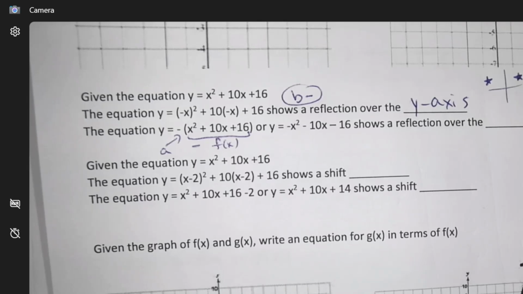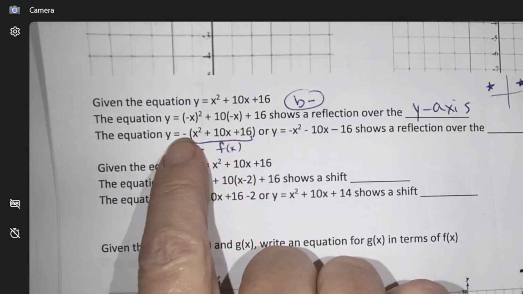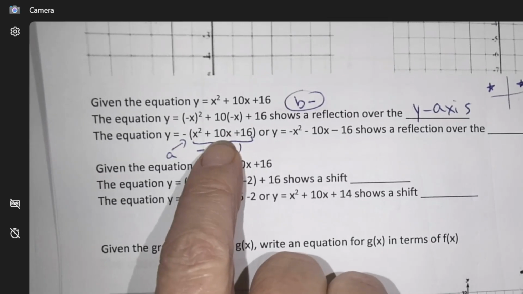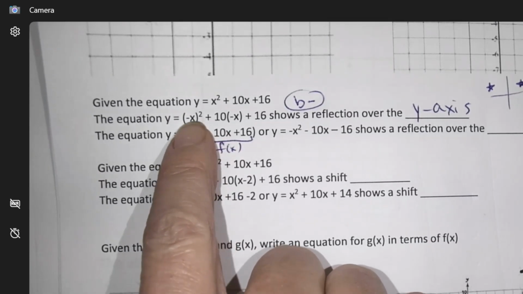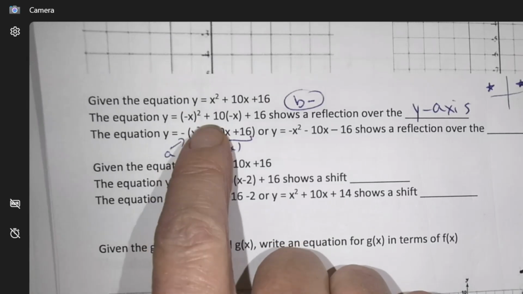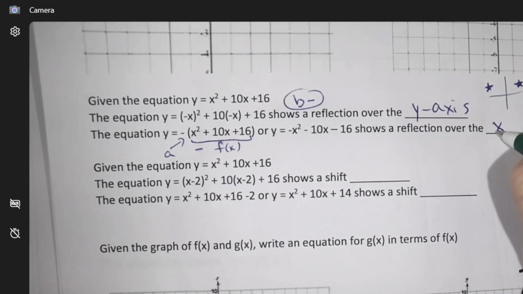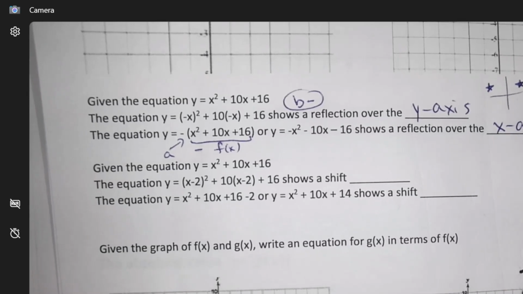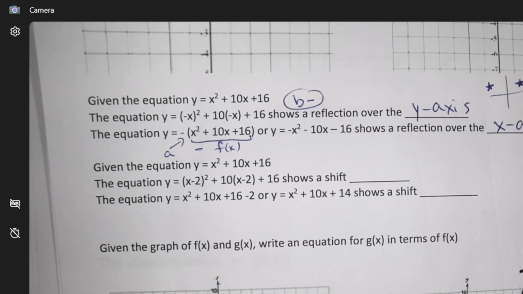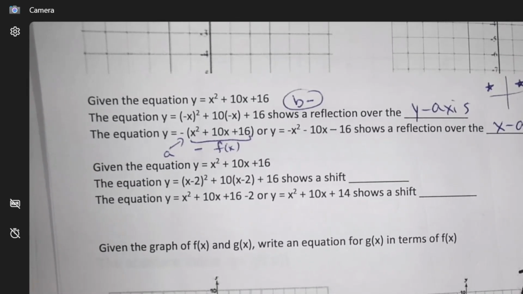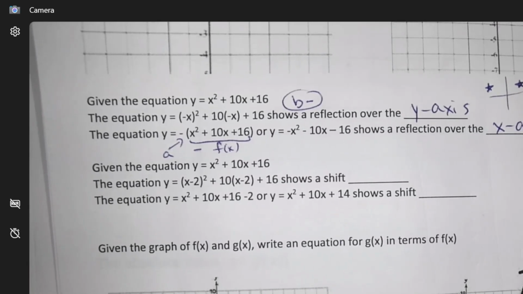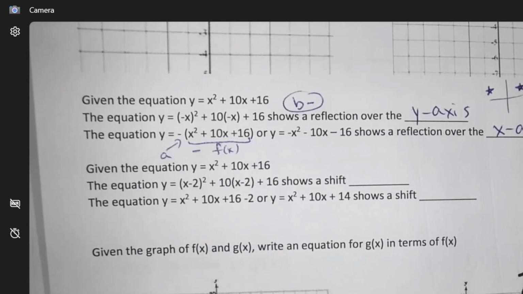Do you see the difference between an A negative and a B negative? The negative on this is negating the function. The negative on this is negating my x's. Okay, so I was trying to show you a difference between some A and B positioning when I'm not using f of x.